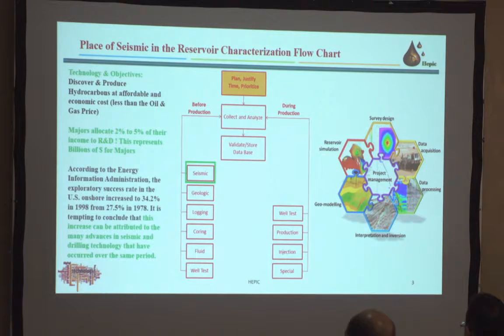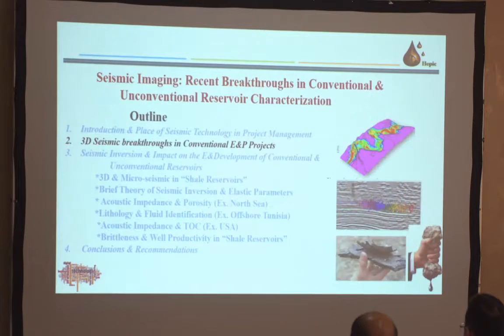When you read scientific papers, for example in the United States, you can see this type of information. According to the Energy Information Administration, the exploration success rate in the US onshore increased from 27.5% in 1978 to 34.2% in 1998.